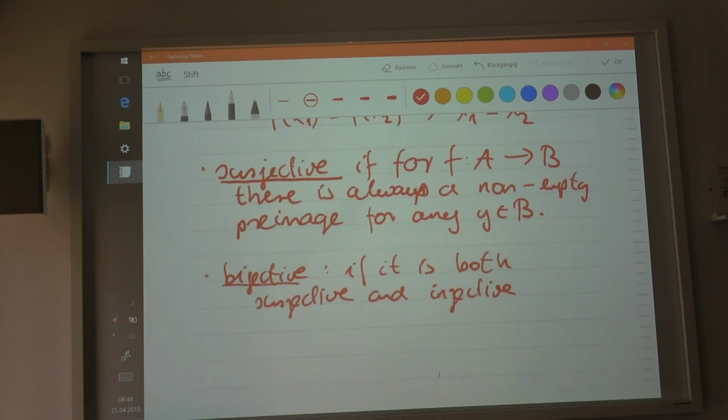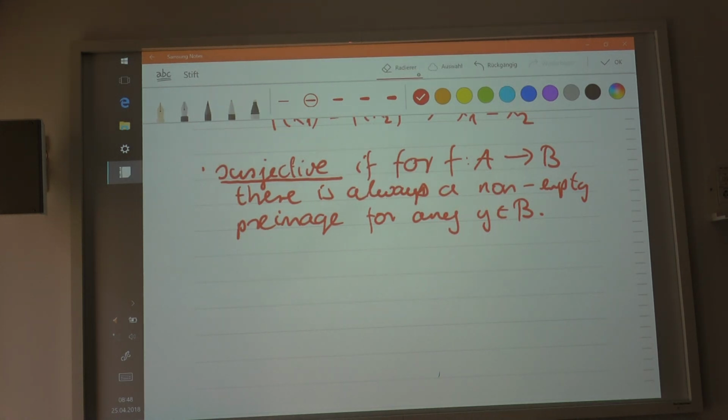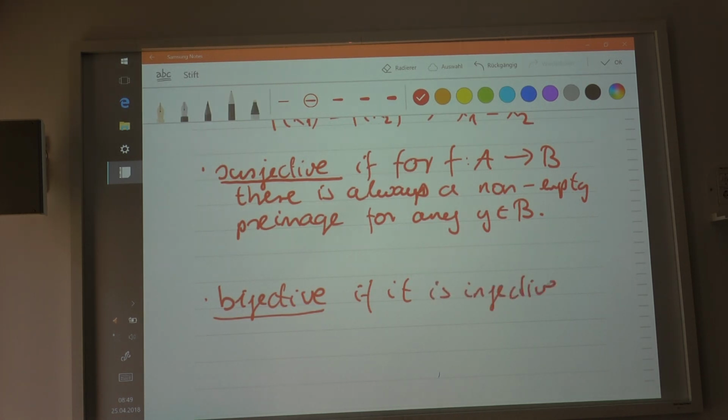I need more space, so let me write it down again. It was not long, so don't worry. The function is called bijective if it is injective and surjective. So it has to be both.